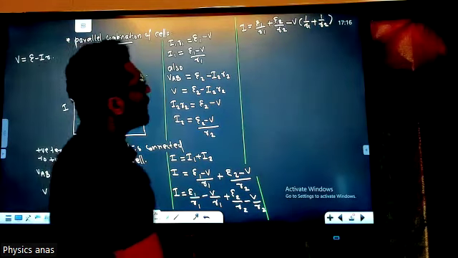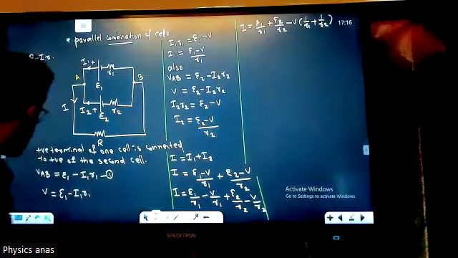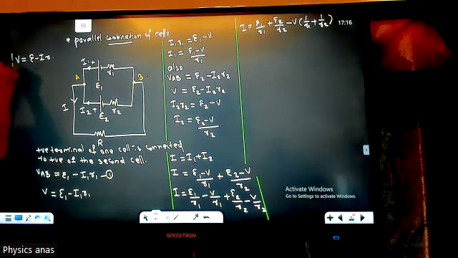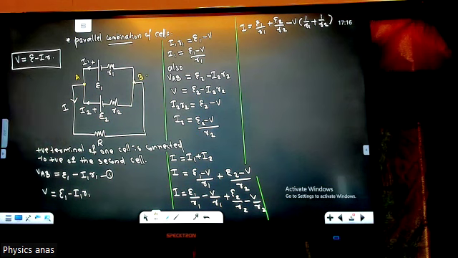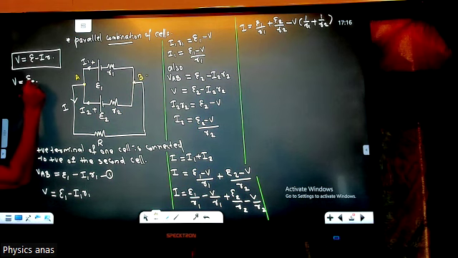Okay, then I am bringing this minus V to the outside, because the equation I need should be like this: V is equal to E equivalent minus I into R equivalent.